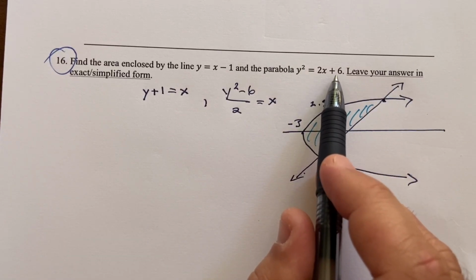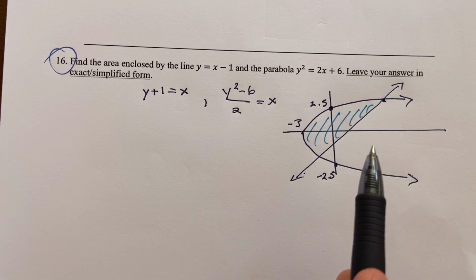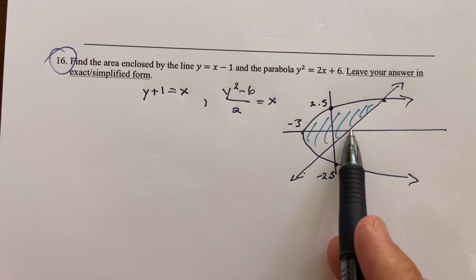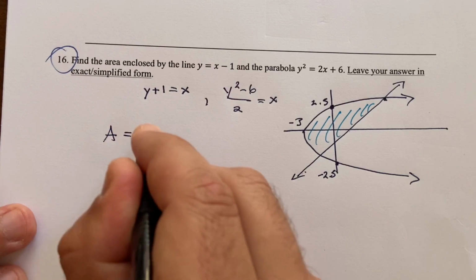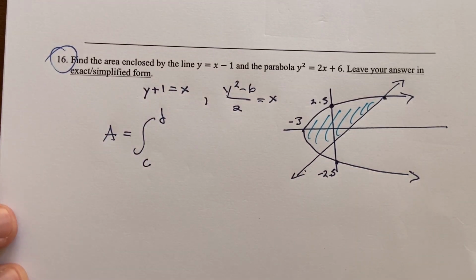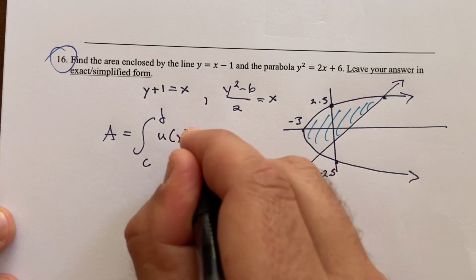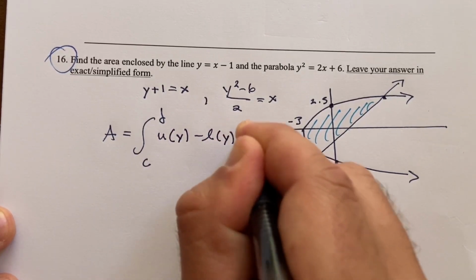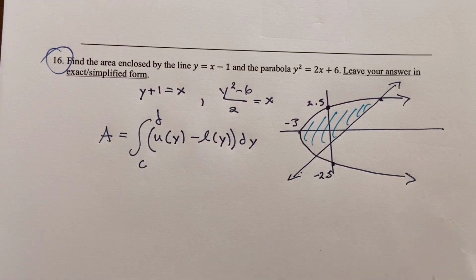And with respect to x's, this one is now going to be my upper, basically. Right, so we're going to have like the area equaling y limits, so c to d of some upper function of y minus some lower function of y dy. So this will be my upper for this case.